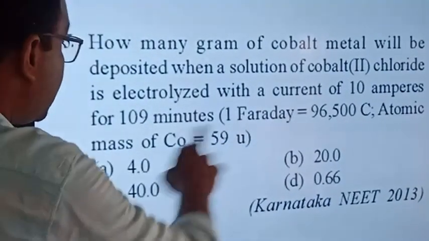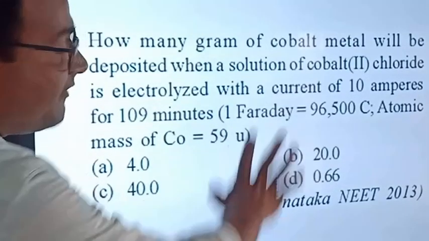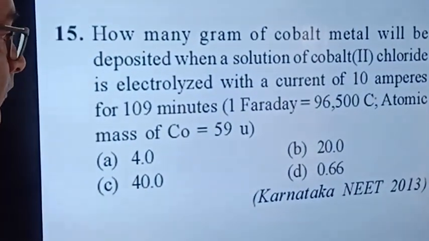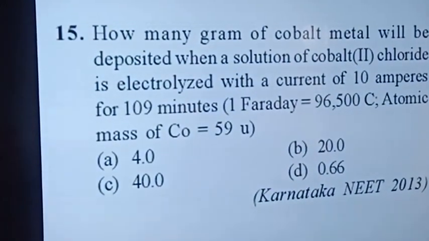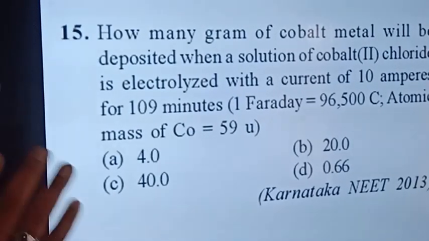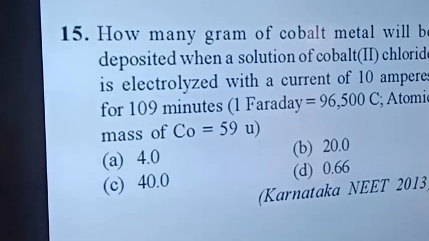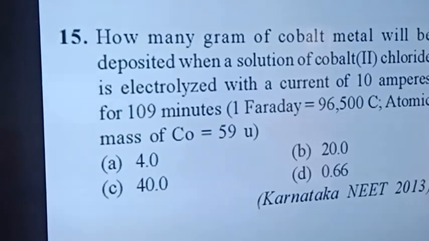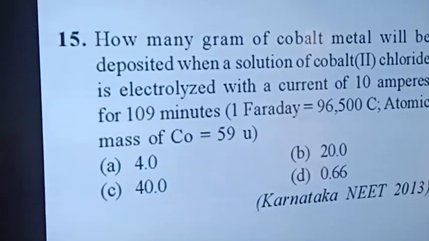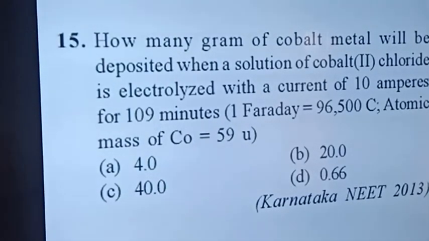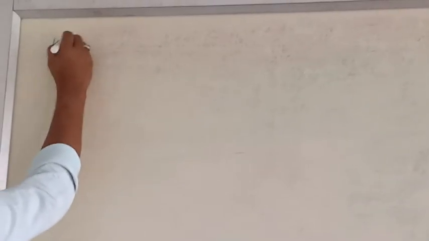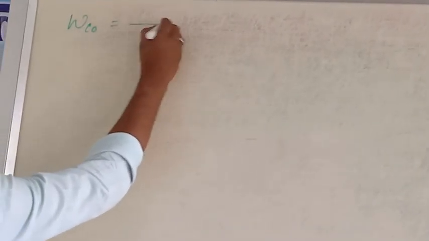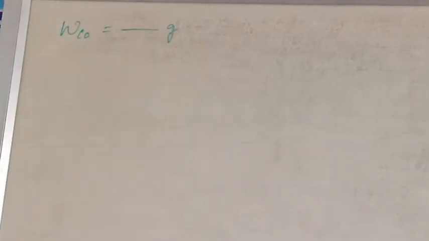The atomic mass of cobalt and the value of 1 Faraday are also given. This question is based on the first law of Faraday. Let's start this numerical: the weight of cobalt is equal to dash gram, and this we need to find out.